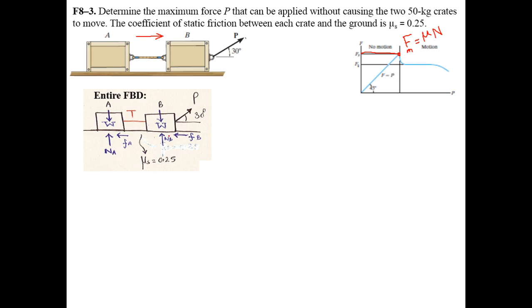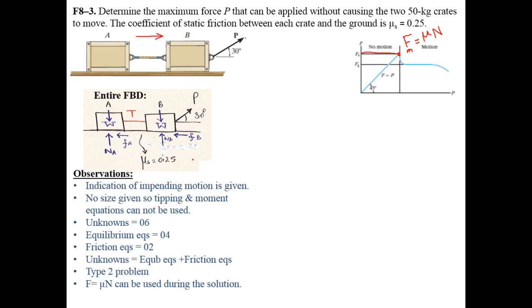So we are going to have a total of six equations, equal to the six unknowns that are available. This gave us the idea that this problem is a type 2 problem. And now we are going to justify this by noting down all the observations and reading this problem carefully.